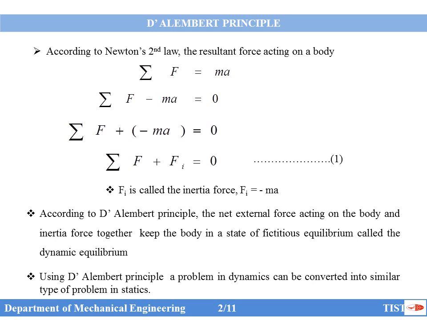If you are solving the same problem using D'Alembert's principle, you can put it like resultant force plus (minus ma) equal to 0. The same methods can be used, but you have to take the inertia force on the left side and put a negative sign. So that is the first concept in dynamics.